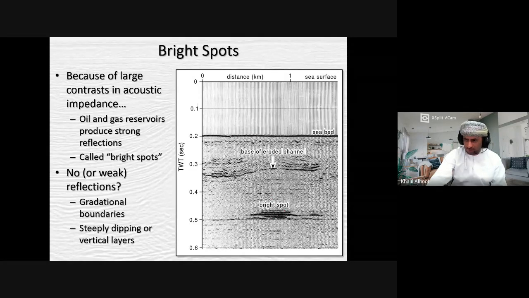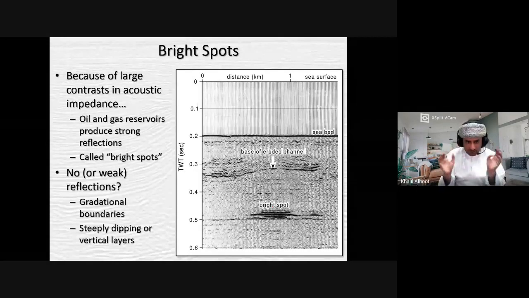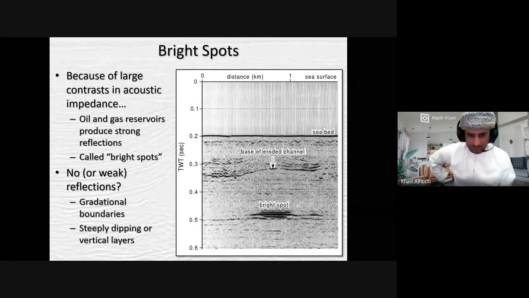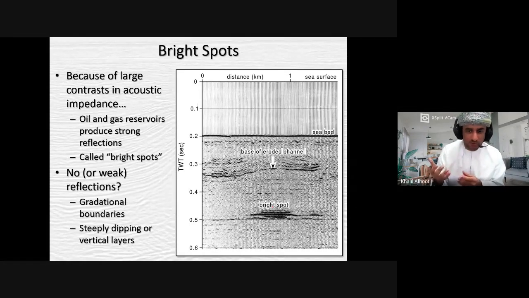But in oil fields, whenever there is oil and gas, they change the acoustic impedance of the rock. This change makes the contrast between the reservoir layer and the surrounding rock very different in terms of acoustic impedance. And this will sometimes let you easily identify whether there is a reservoir or not.